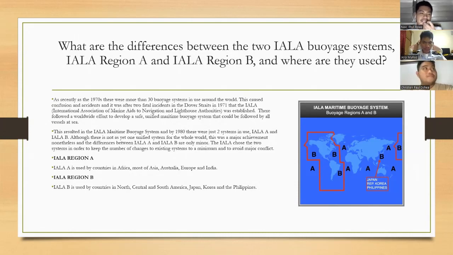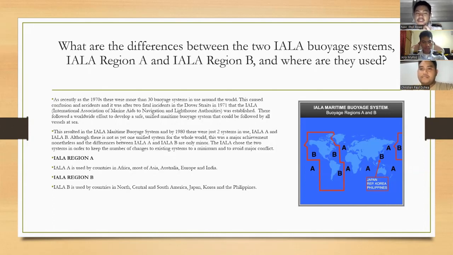As recently as the 1970s, there were more than 30 voyage systems in use around the world. This caused confusion and accidents. It was after two fatal incidents in the Dover Straits in 1971 that the IALA, the International Association of Marine Aids to Navigation and Lighthouse Authorities, was established.